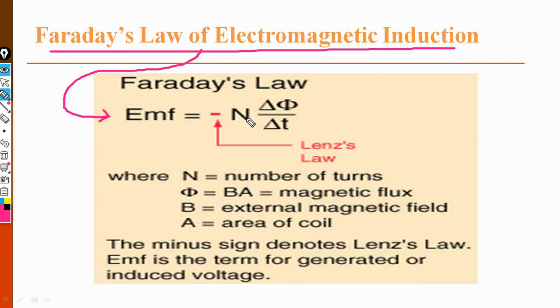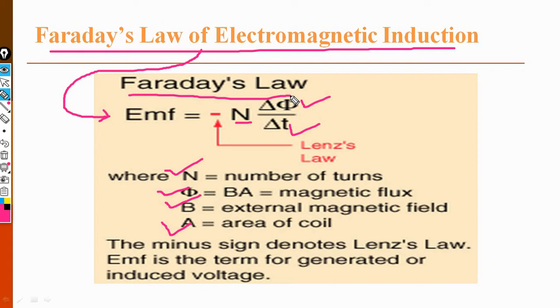EMF is equal to minus N times the rate of change of flux with respect to time, that is, dphi/dt. Here phi means magnetic flux, N means number of turns, B means external magnetic field or magnetic flux density, A means area of the coil, and t means time.